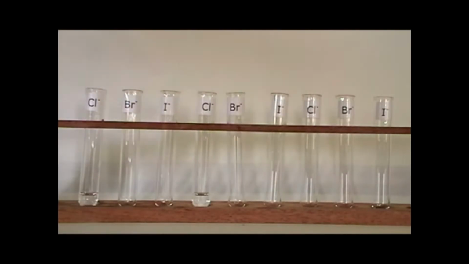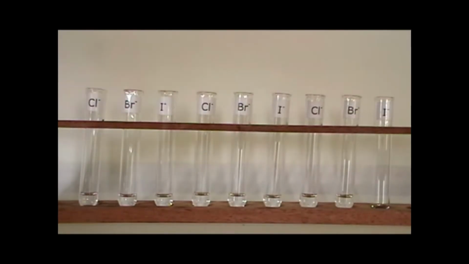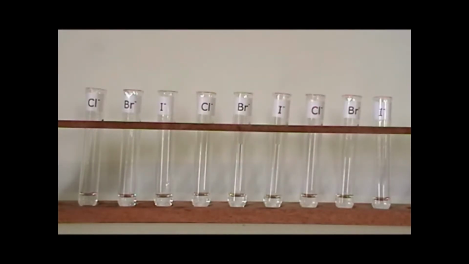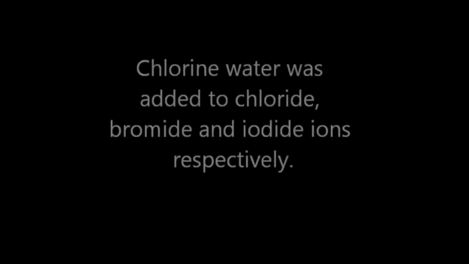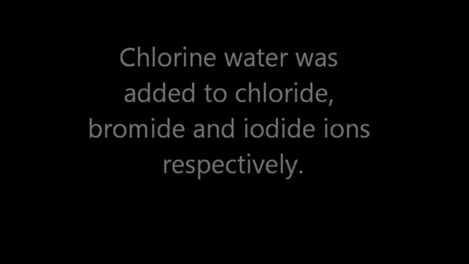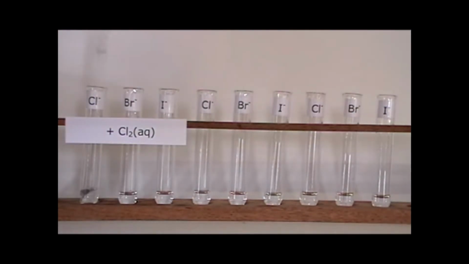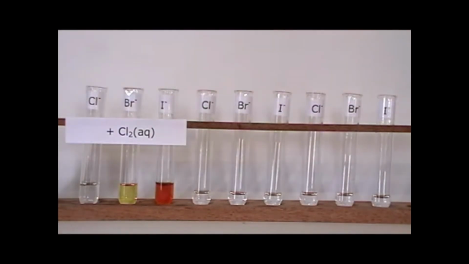So the first thing we're doing is adding our solutions of potassium chloride, potassium bromide and potassium iodide to our test tubes in this case. What we're now going to do is start off with our chlorine water. Using the pipette we're just adding a small quantity to our potassium chloride, potassium bromide and potassium iodide.